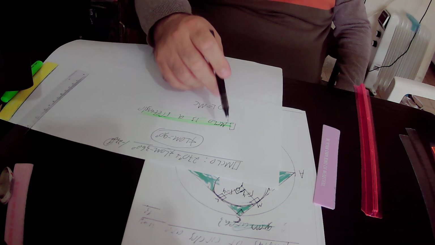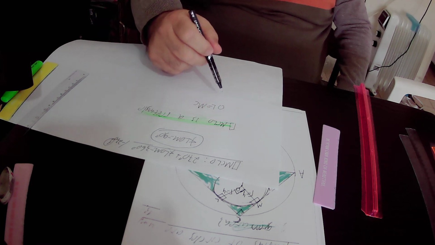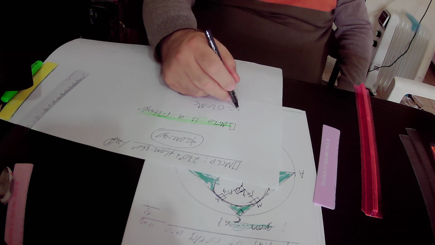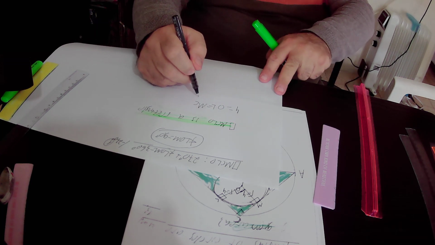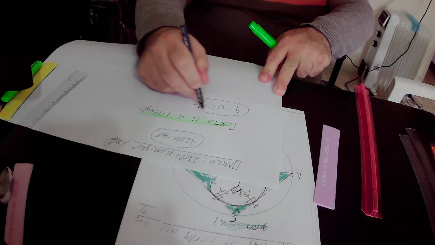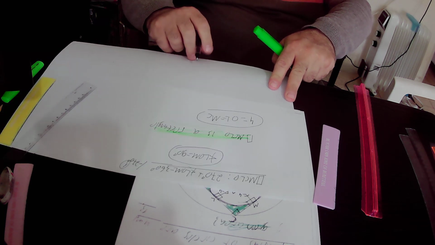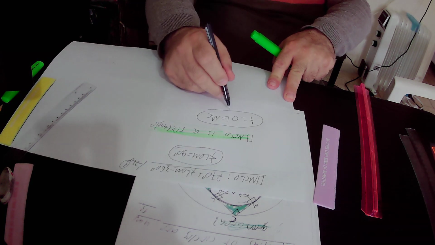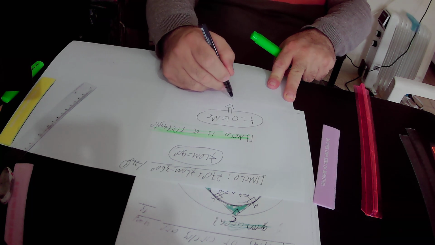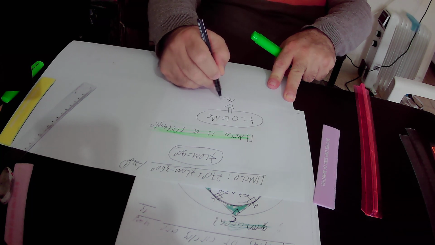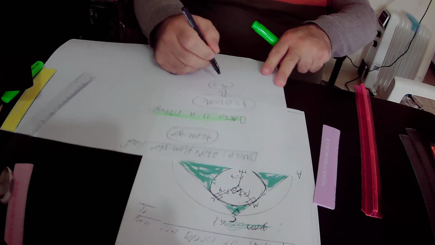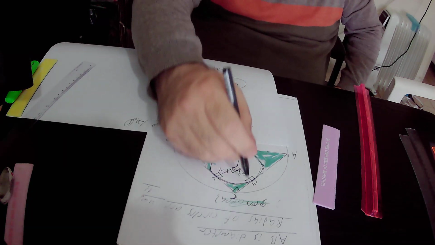Okay, but OL equals 4 units. It is the radius of the circle. So we can write here that OL equals 4. And from this equation, 4 equals OL equals MC, we derive that MC is also equal to 4 units. So we can write here that MC equals 4 units.